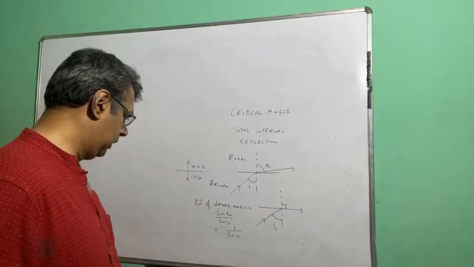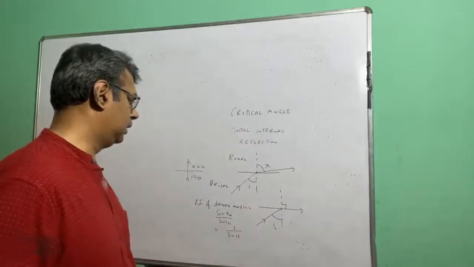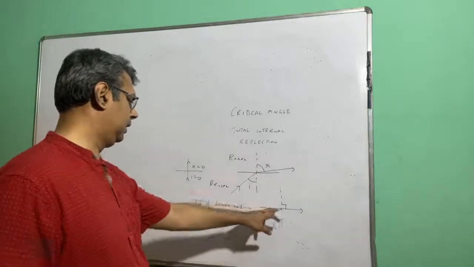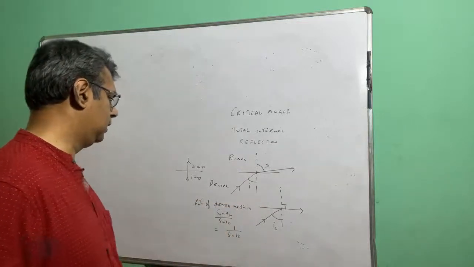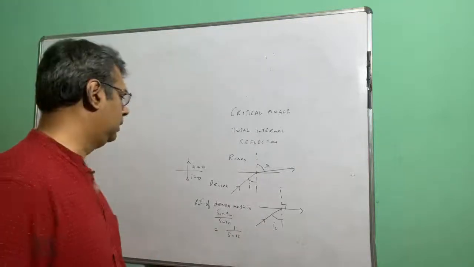The refractive index of the denser medium with respect to the rarer medium will be sin 90 by sin IC, so 1 by sin IC. So the refractive index will be 1 by sin critical angle.